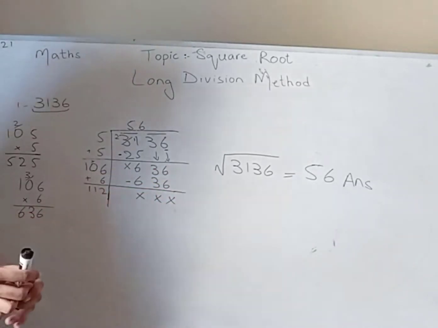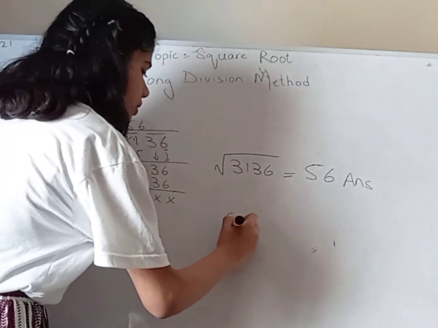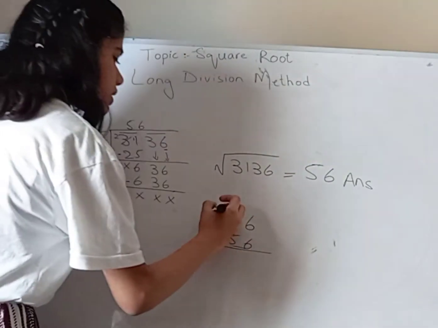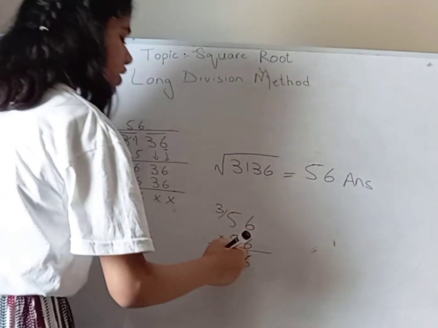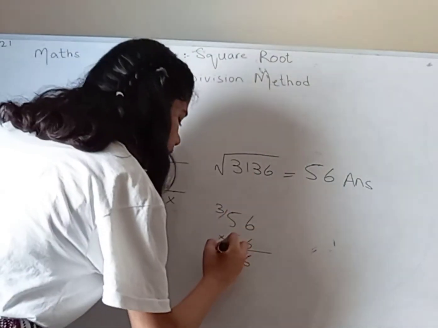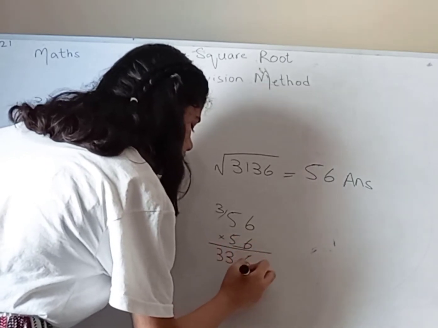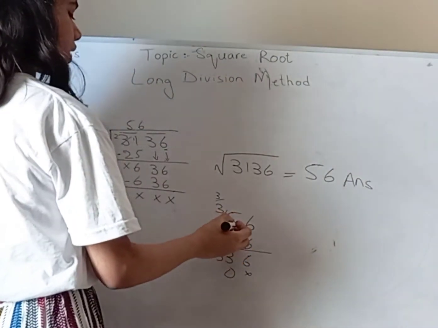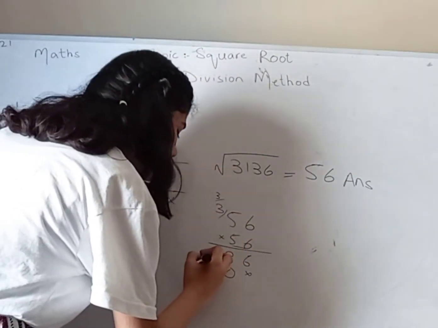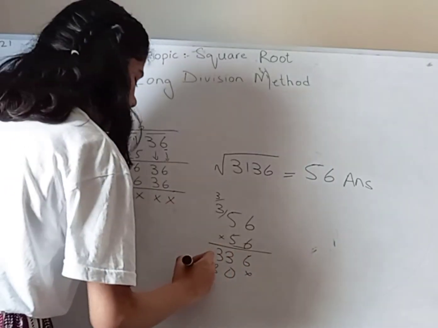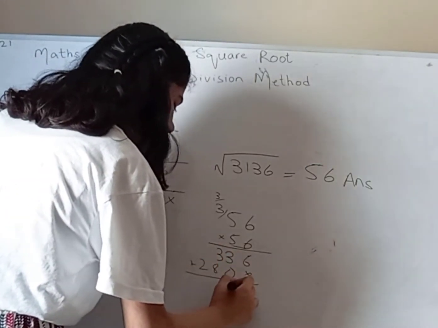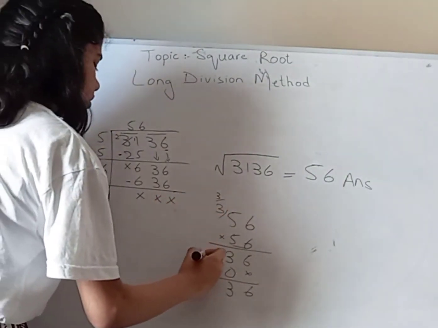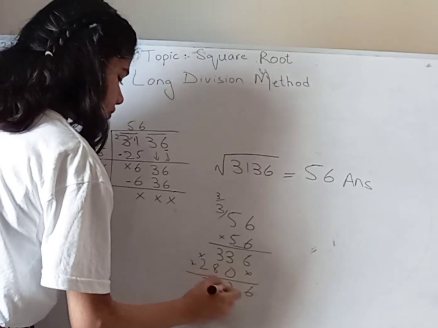And how we can check that our answer is correct is to multiply 56 with itself. 6 times 6 is 36, 6 times 5 is 30, add 3, so it's 33. 5 times 6 is 30, 5 times 5 is 25, and add 3, so it will be 28. 6, 3 and 8 is equal to 11, and 3.